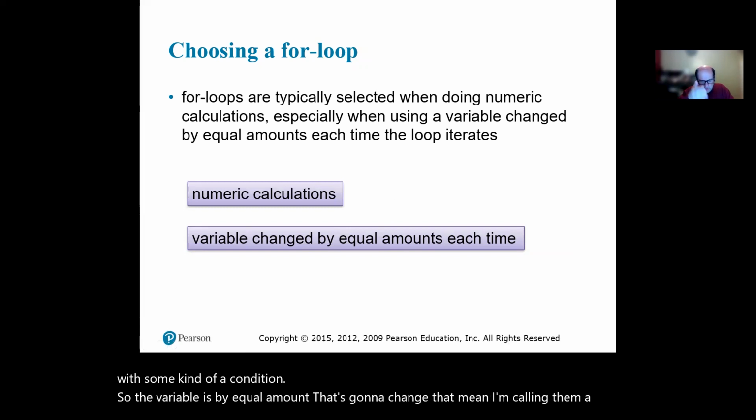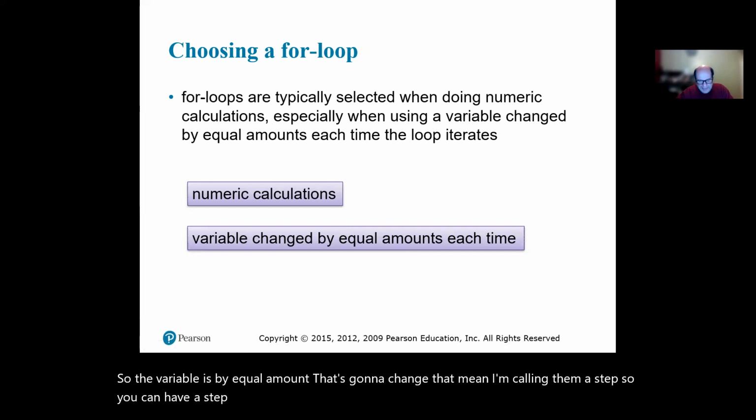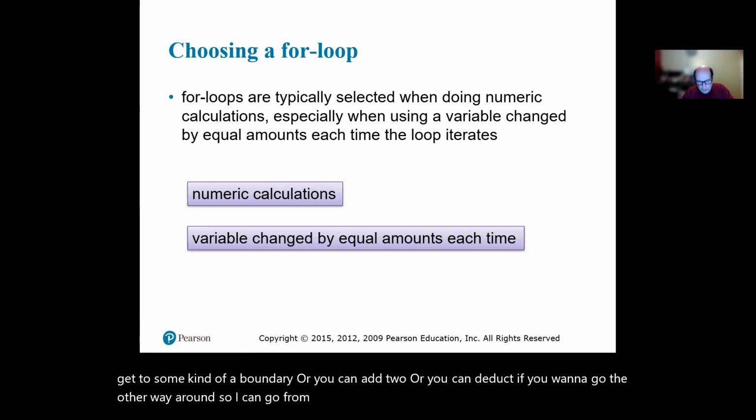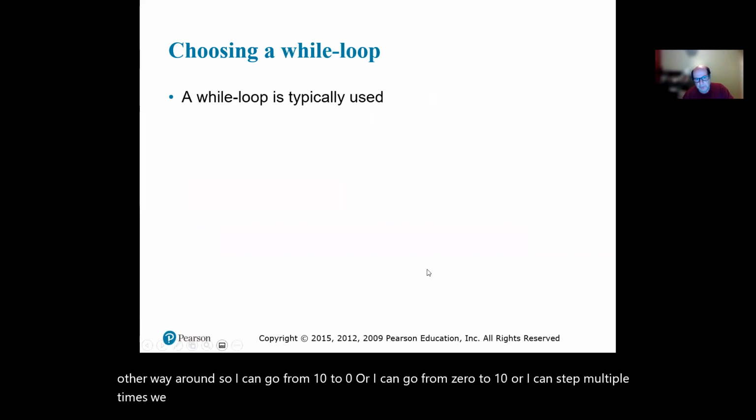So you can have a step of 1, meaning that you're just adding 1 to your original number till you get to some kind of boundary, or you can add 2, or you can deduct if you want to go the other way around. So I can go from 10 to 0, or I can go from 0 to 10, or I can step multiple times. We saw that in the previous one.